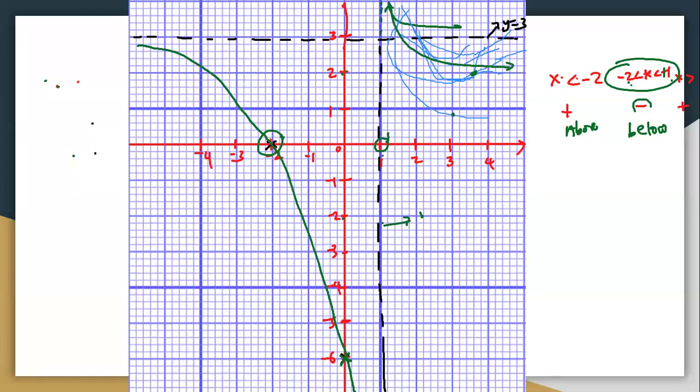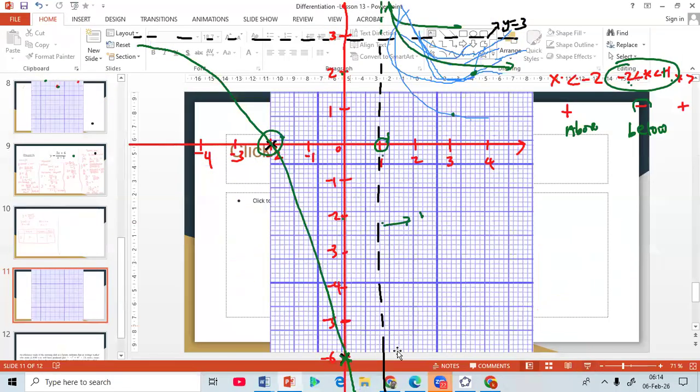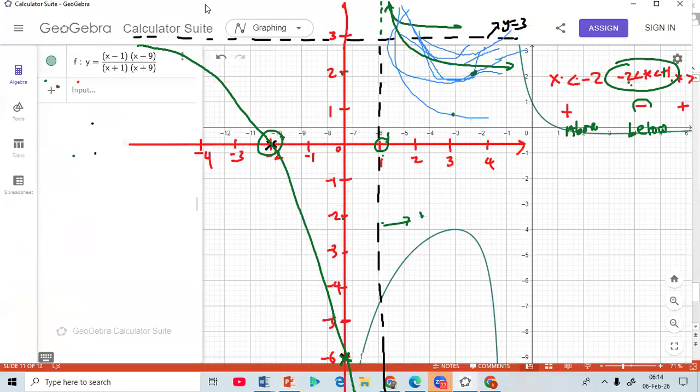Okay, let me draw it. Let me show you how this thing looks, and then you are going to visualize it better. Let me first clean my screen such that you look at it in a visual way.